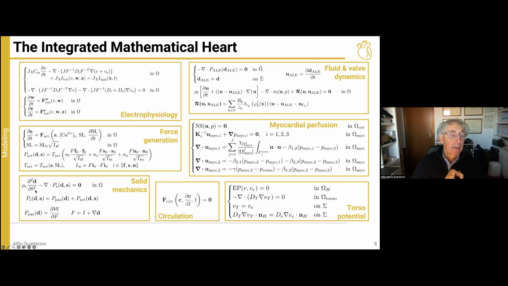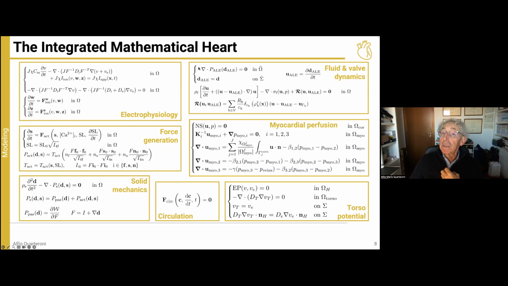And you see you have a second order derivative with respect to time of D, you have the density of the myocardium, you have the divergence of the Cauchy stress, and the Cauchy stress in this case is the sum of two components. One is the active component that you have seen before, which is due to the electrical field, and the other one is the classical, say, Cauchy stress. We call it passive Cauchy stress, which is the one that you find in any possible solid structure.